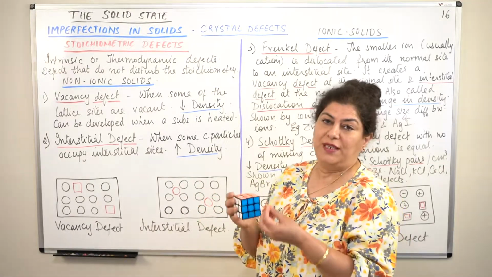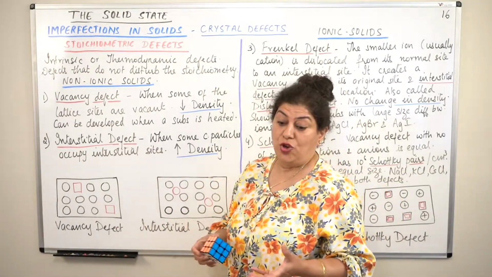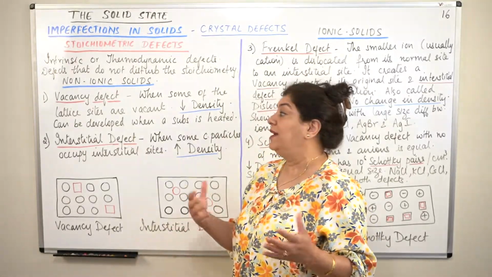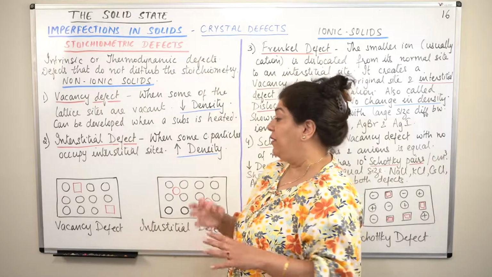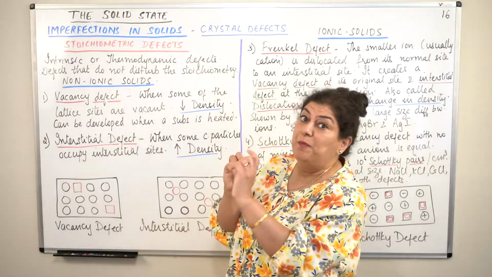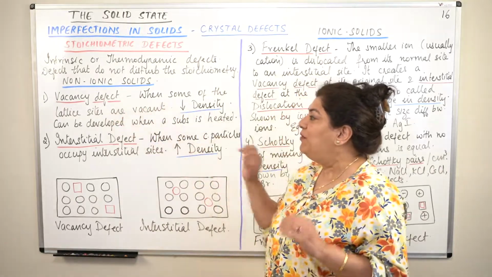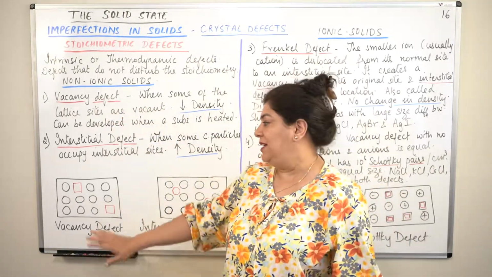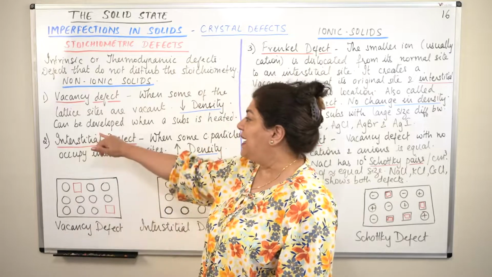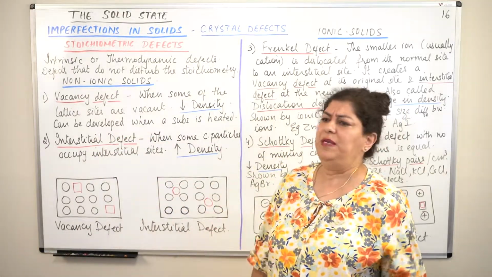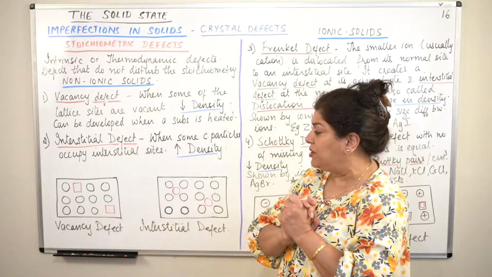If the solid is made up of volatile compounds, they may evaporate and leave a missing lattice point. So when some of the lattice sites are vacant, it is known as a vacancy defect. It can develop when you heat up a substance, or when the substance was being formed.